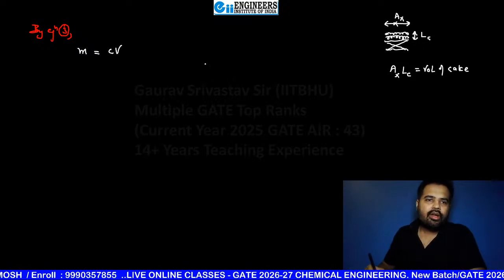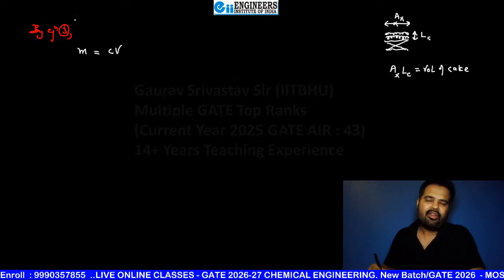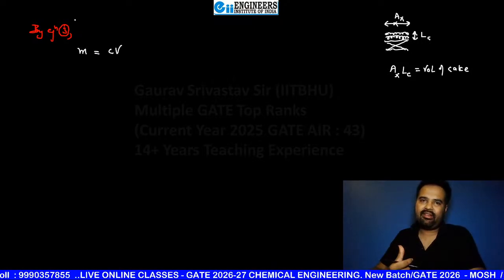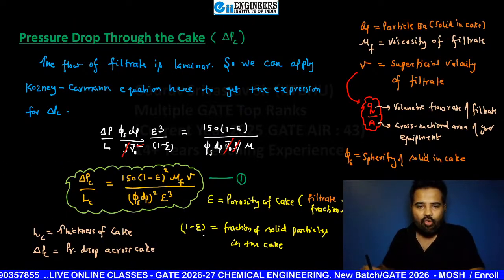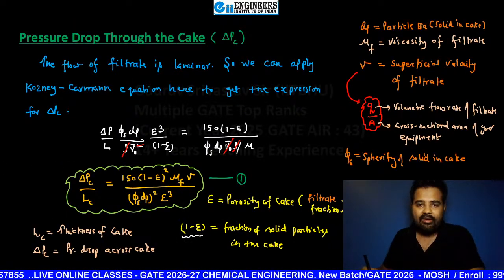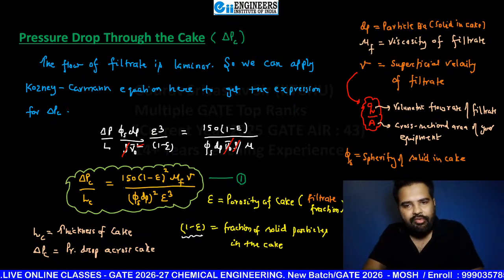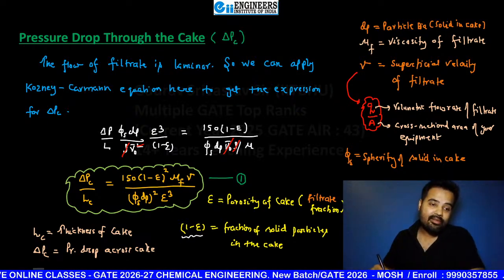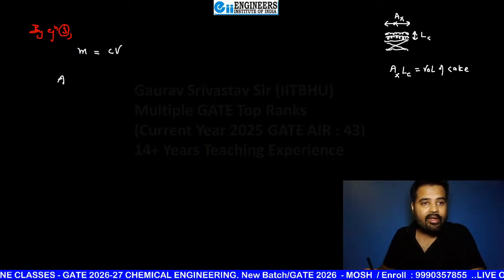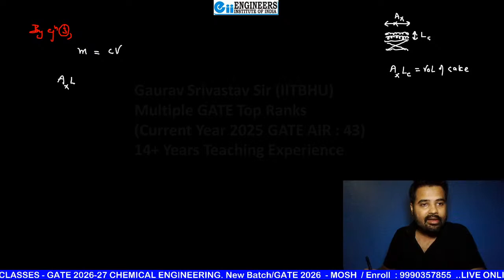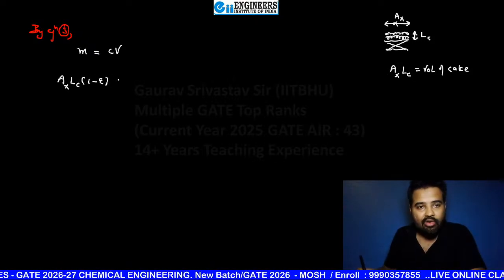So how to write this Ym? We know the volume of cake, and you have seen that 1 minus epsilon is the fraction of solid particles in the cake. So if we multiply this, then we can write A x LC into 1 minus epsilon is equal to CV.